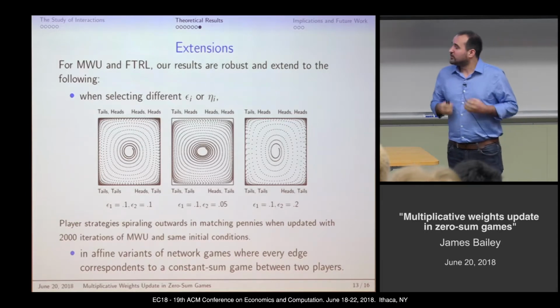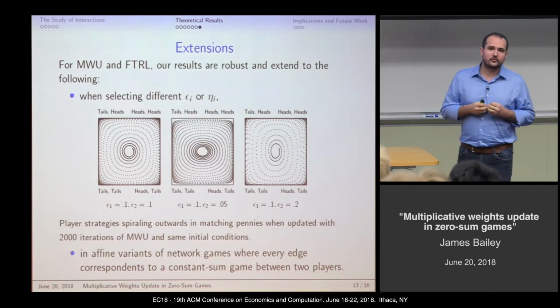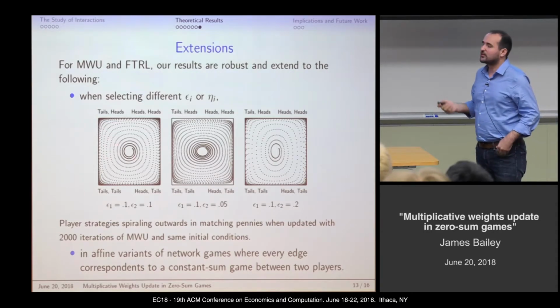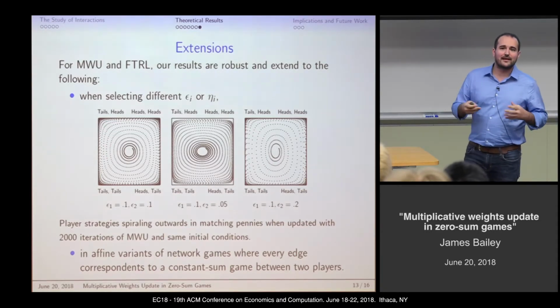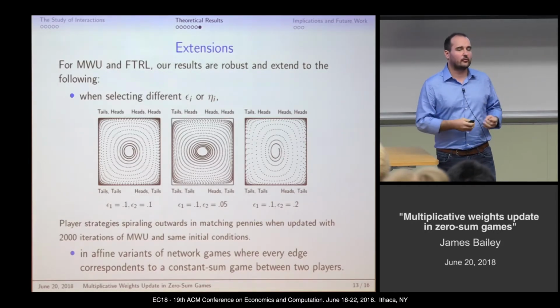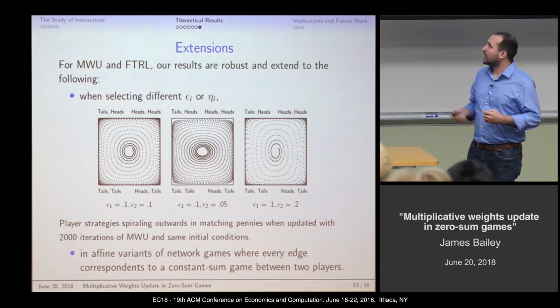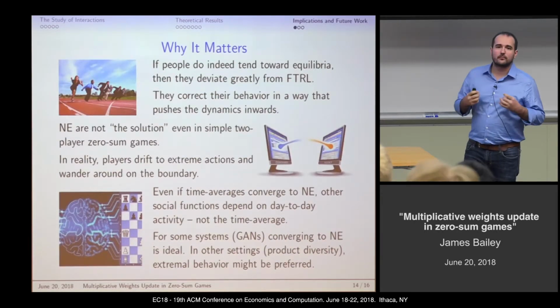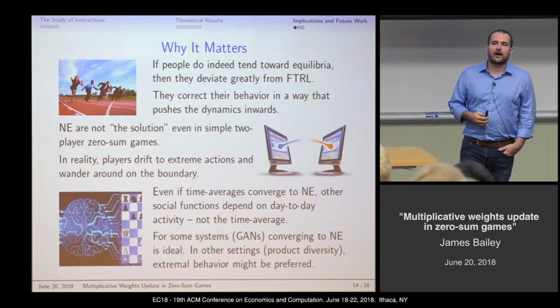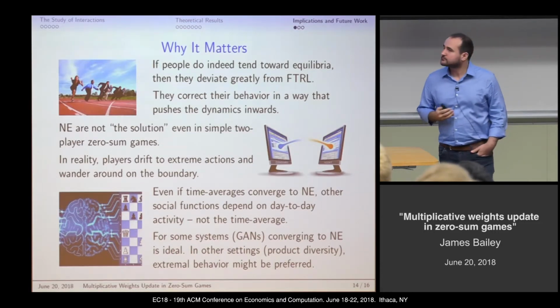And we see here in all these results, the Nash equilibrium really isn't the solution. The Nash equilibrium is somewhere here in the middle. But the truth is, on a day-to-day basis, we move outwards. We avoid the Nash equilibrium. We're repelled by it. And like I said, that's going to have some implication in a lot of other areas. The first thing we think about is human behavior.